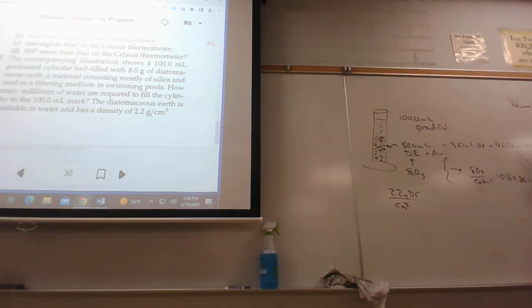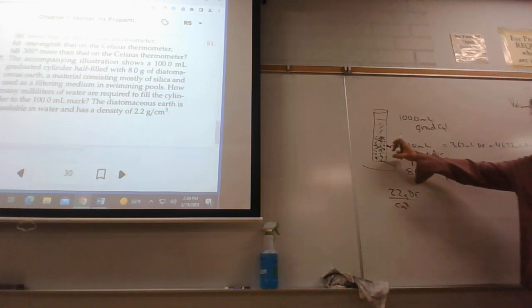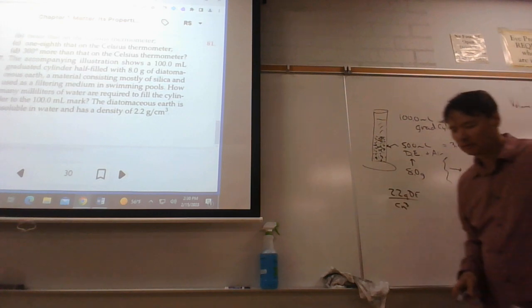And so we're going to have to fill all that air with water, so we're going to have to add 96.37 milliliters of water. Since the diatomaceous earth actually took up very little volume, it was mostly air, because those things are hollow and they're gaps. Does that make sense? So that's a lot of water, even though this appeared to take up so much volume. It didn't really.